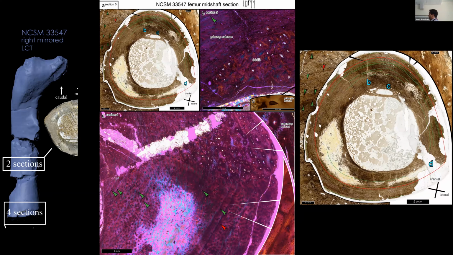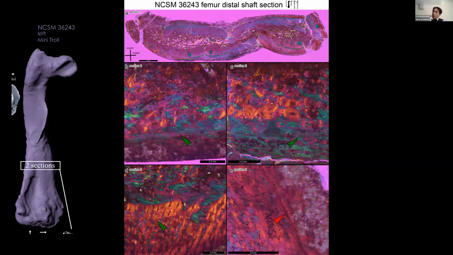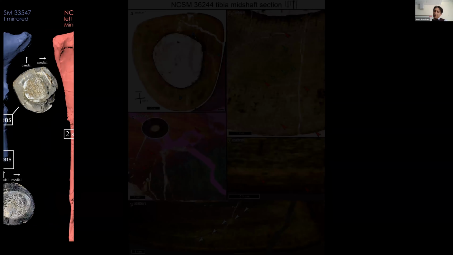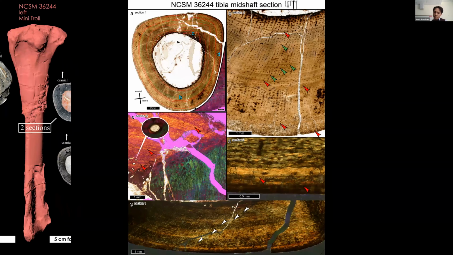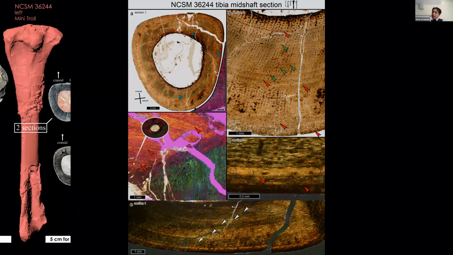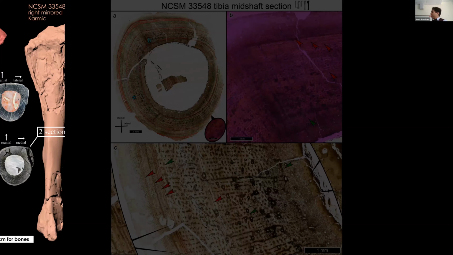These are growth lines that run circumferentially across the cortex. This is the femur from the mini-troll locality, also showing a few growth marks, although this is a distal section where it's known that fewer growth marks are generally preserved. But here is its counterpart, the tibia. And here is the tibia from the holotype locality.